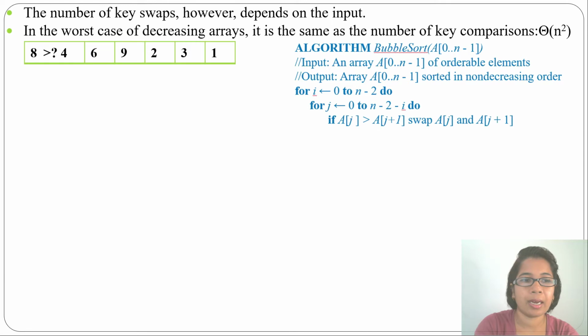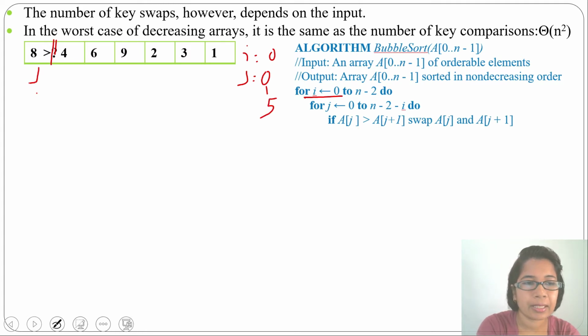Let's take one array. For i equals 0, j will range from 0 to n minus 2 minus i. So j will range from 0 to n minus 2, meaning 7 minus 2 is 5, 5 minus 0 is 5. So j will range from 0 to 5. Initially j is this and this is j plus 1.